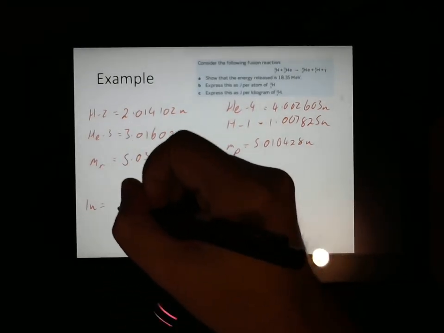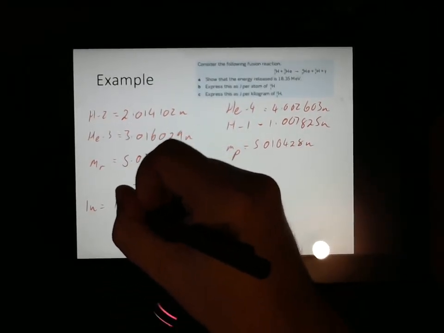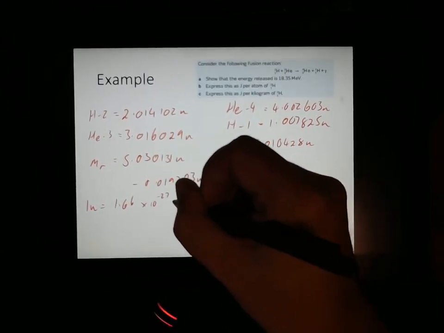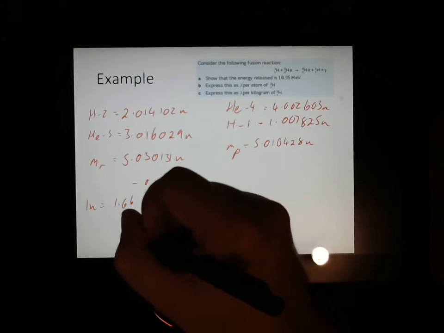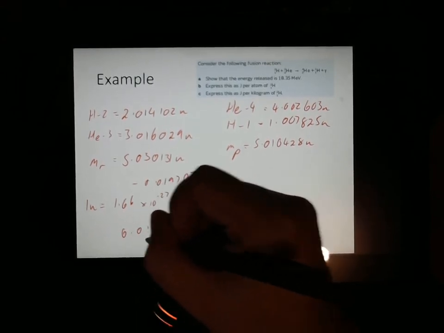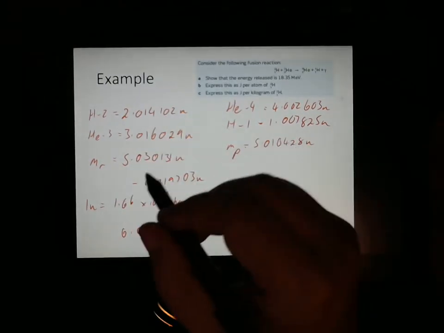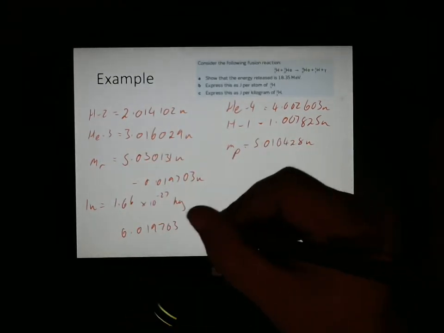1 U equals 1.66 times 10 to the negative 27 kilograms. So if I take the 0.019703, I don't care that it's negative. Negative just tells me that, yeah, this gives off energy.